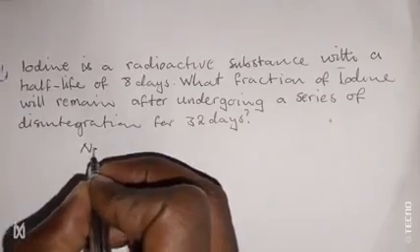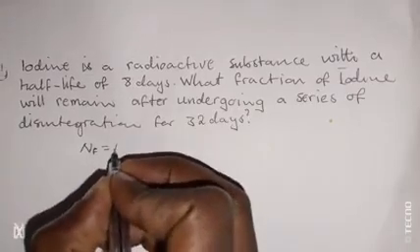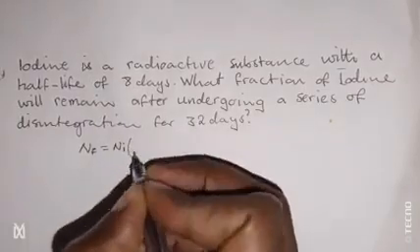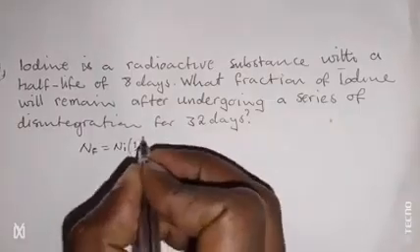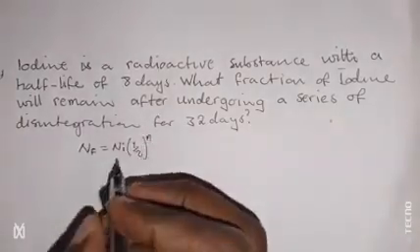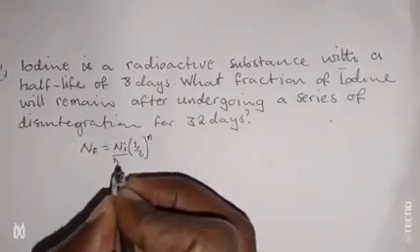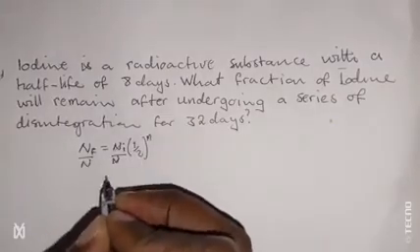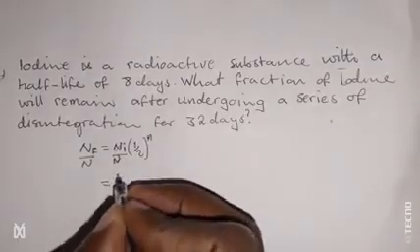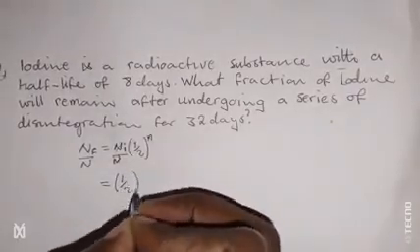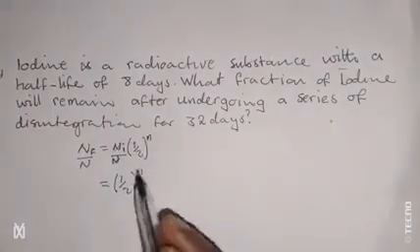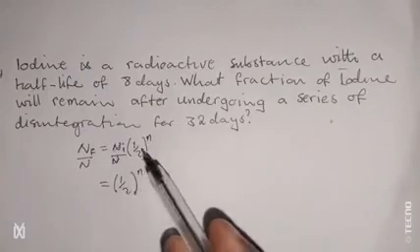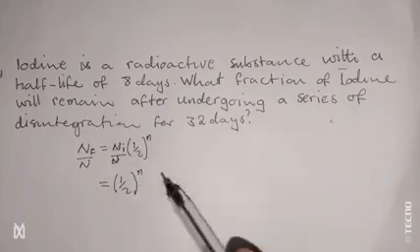N final is equal to N initial, or N naught, times open bracket half, to the power n. So we divide by N initial on this side and also on that side. Once you do that, we remain with just 1 over 2 to the power n. So this is the formula that we use to find the fraction that will decay or what will remain.